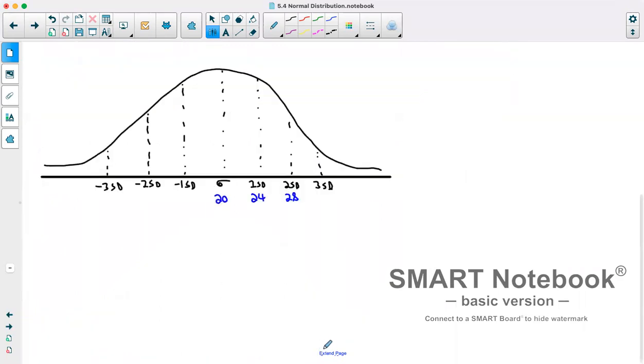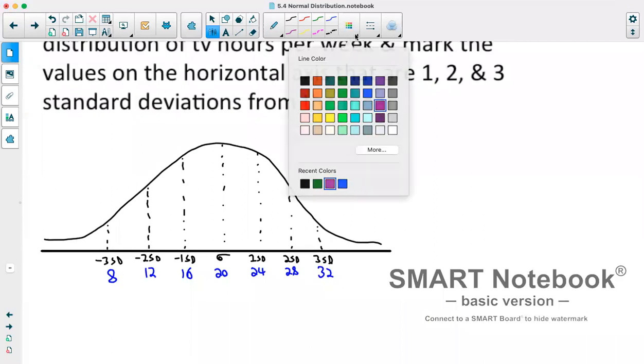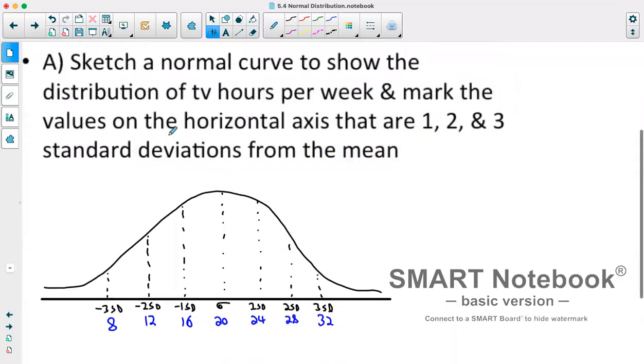Add another 4, so that's 32. And it works going the other way too, so 20 minus 4 is 16. 16 minus 4 is 12. 12 minus 4 is 8. Okay, so we have done part A. We'll look at part B on the next slide.